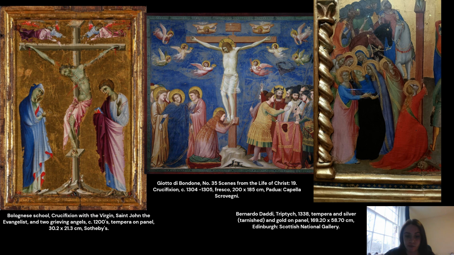So, for example, we have Giotto's fresco, which is painted in 1304, I believe, where on the left-hand side Mary seems to be slumping with her eyes closed, and a woman on the left and presumably John on the right supporting her, holding her hands, and we see Mary Magdalene at Jesus's feet.